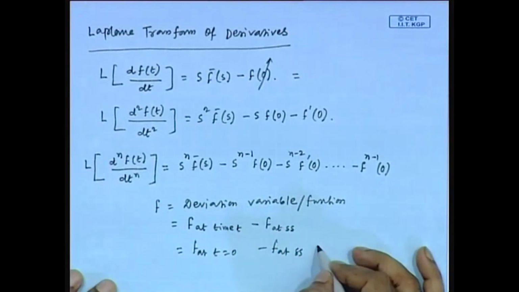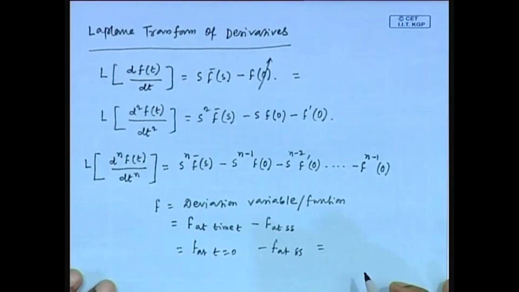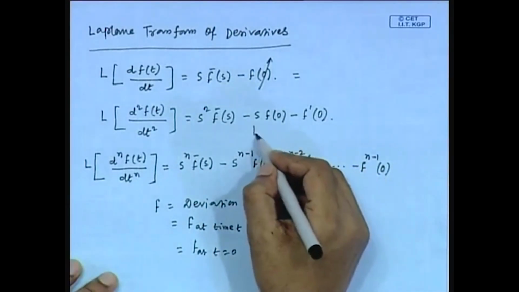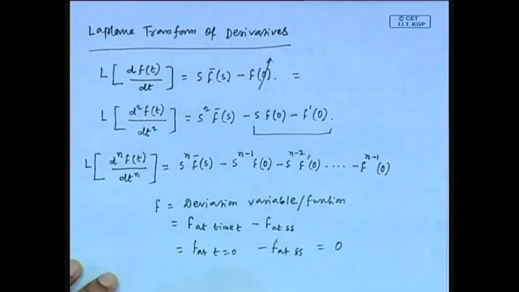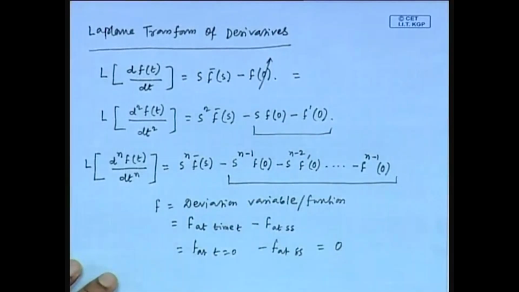We usually consider time t equals 0 as the steady state. So this becomes 0. Similarly, these two terms become 0, and all these terms equal 0. Fine. It is the usual practice in process control that the variables in the model are considered in the form of deviation variables.